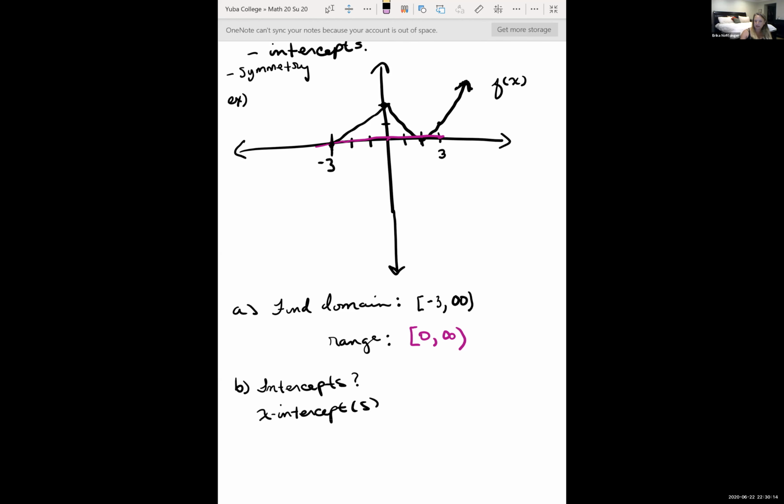We have a solid circle here at -3, 0. So -3, 0. And it's dipping down, touching, but not crossing when x is 2, y is 0. My y-intercepts, there's only 1. It's right here. And this is when x is 0, y is 2. So it's at the point 0, 2.